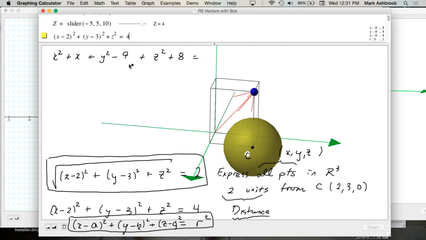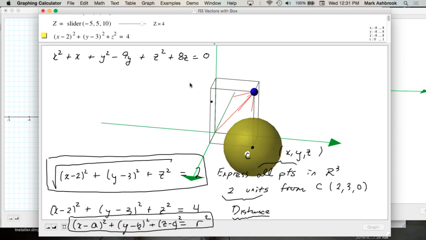All right, so say we had x squared plus x plus y squared minus 9y plus z squared plus 8z equals 0. So what you have to see is that that is also a sphere. It's just not in this tidy form based on the distance formula.